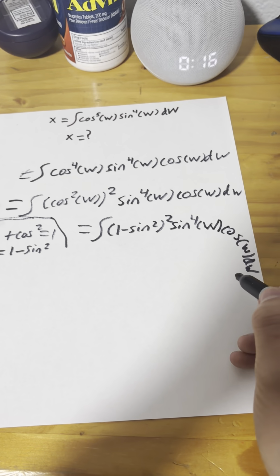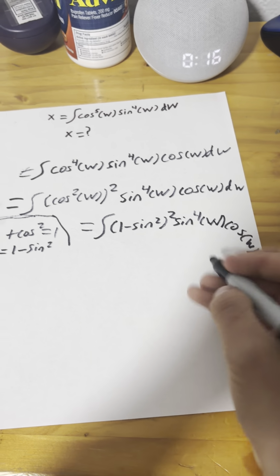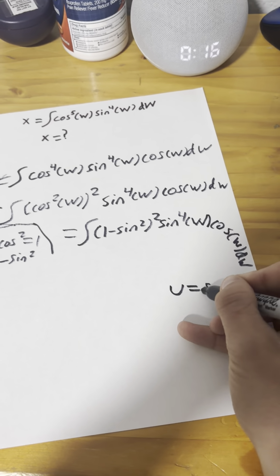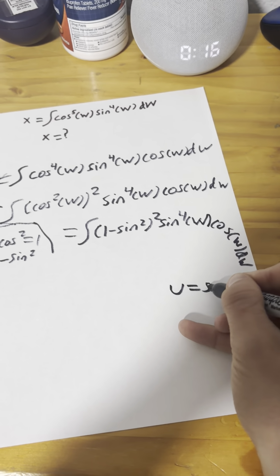And now we're going to use u-sub, where u equals sine of w. So du equals cos w dw. Remember what you saw.